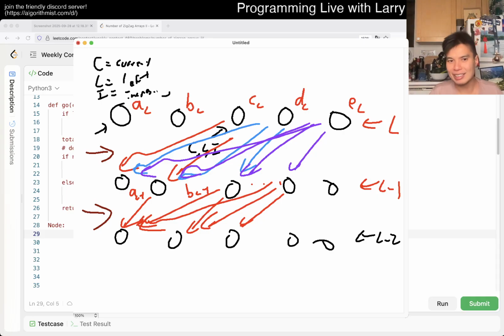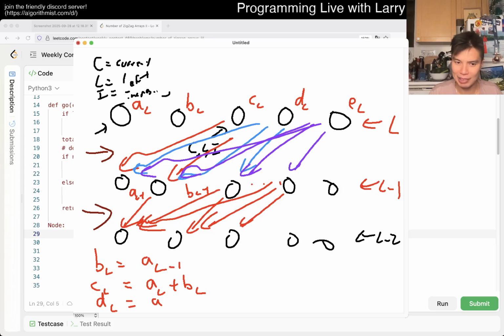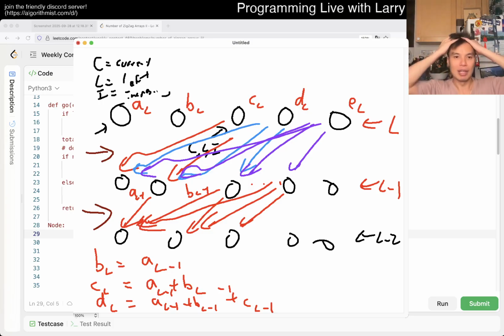In this case, you could say that B of L is equal to A of L, and C of L is equal to A of L plus B of L. And then D of L is equal to, oh sorry, A of L minus 1 plus B of L minus 1 plus C of L minus 1, right? So the previous level, all these prefix sums.